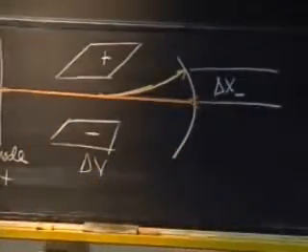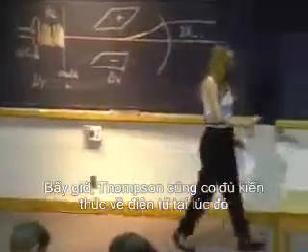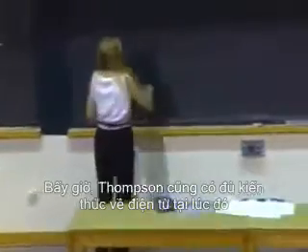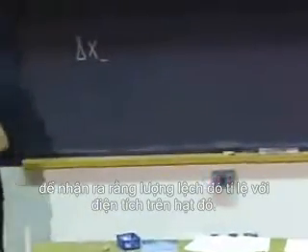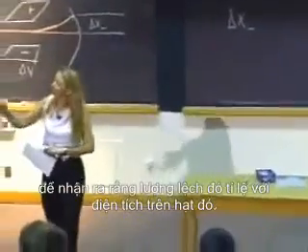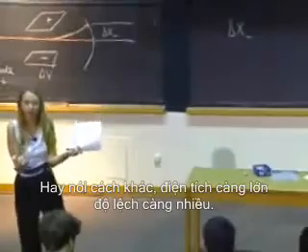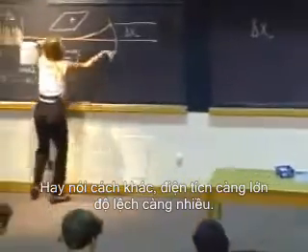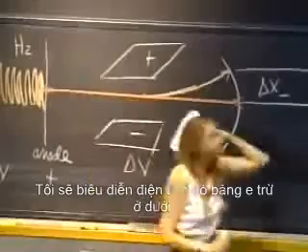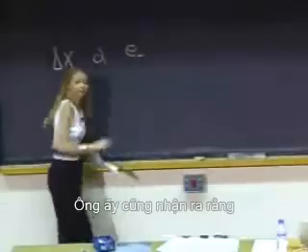Now, Thomson also knew enough electromagnetism at that time to realize that the amount of that deflection has to be directly proportional to the charge on that particle. In other words, the greater the charge, the larger the deflection. So I'm going to represent that charge by E sub minus.